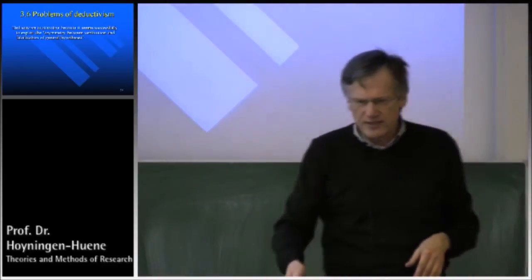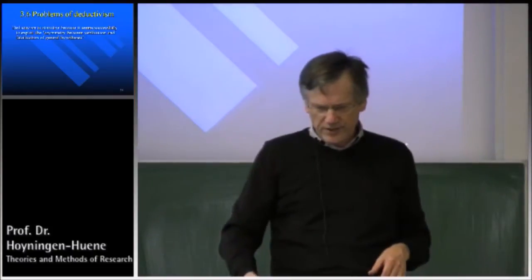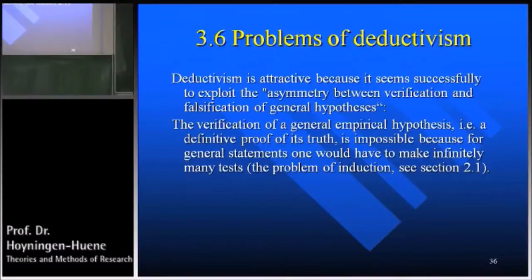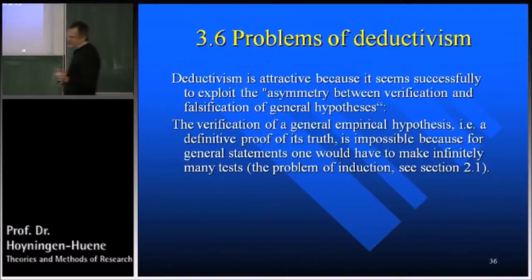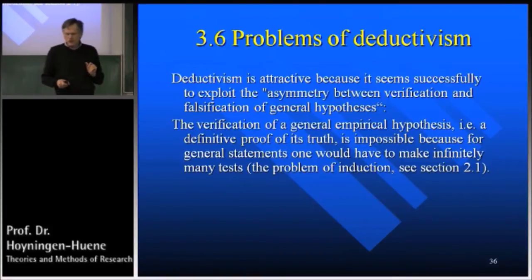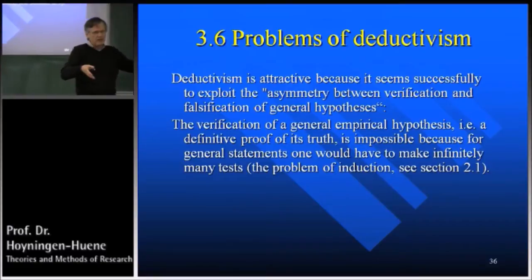So what does this asymmetry consist in? It consists in pressing this button and nothing happens? No. Here we are. It consists in the following. The verification of a general hypothesis, a definitive proof of its truth, is impossible. Verification means show that it is true, really demonstrate it, right?